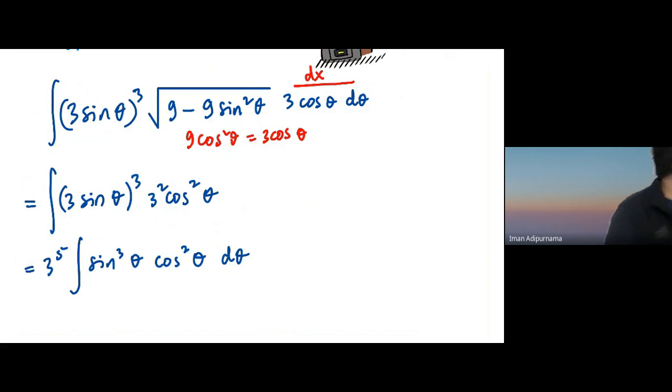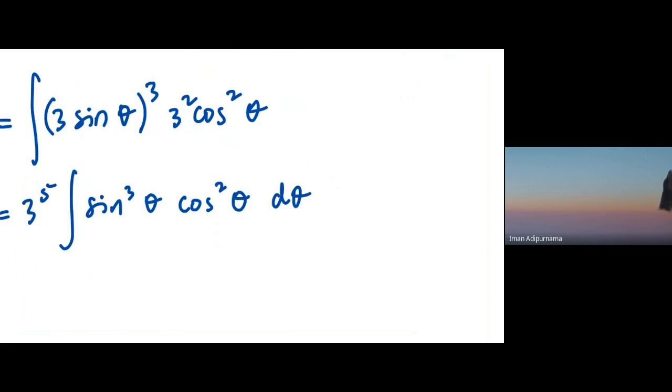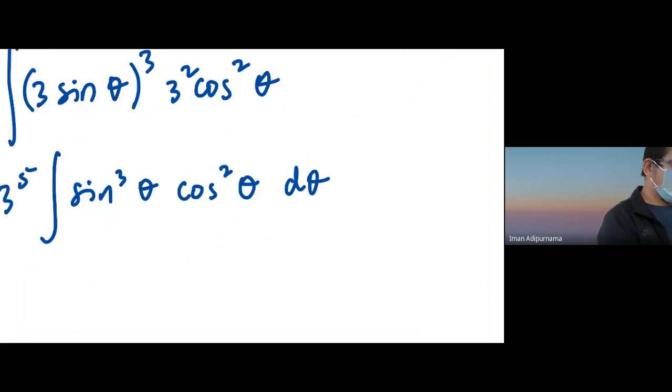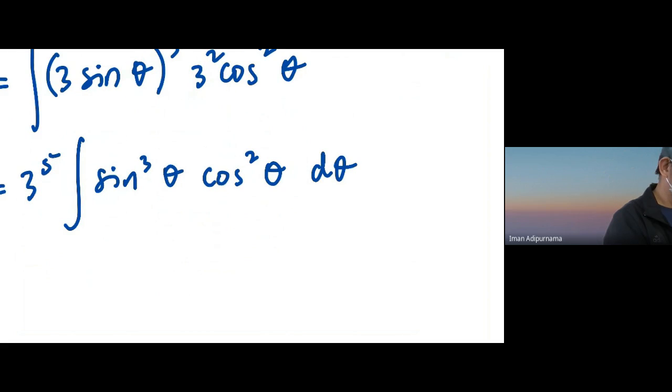If you remember, this is the beginning of our class. We have sine with an odd power, and cos squared. So we can separate the sine, and we have sine squared, cos squared. The sine squared, we can write as 1 minus cos squared theta.